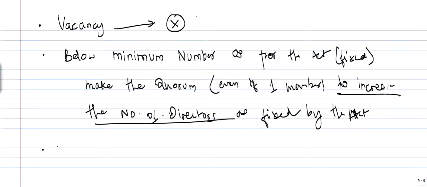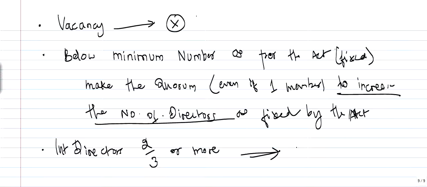If the interested directors are 2/3 or more, then disinterested directors, a minimum of 2, are required for the quorum.